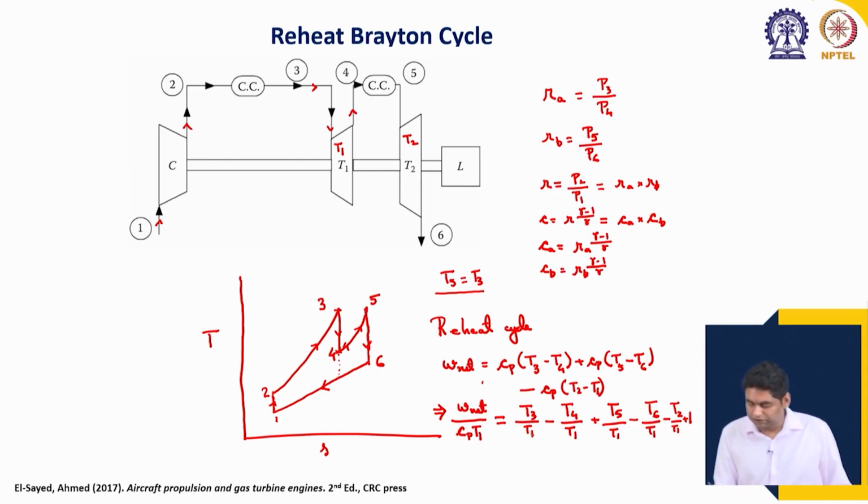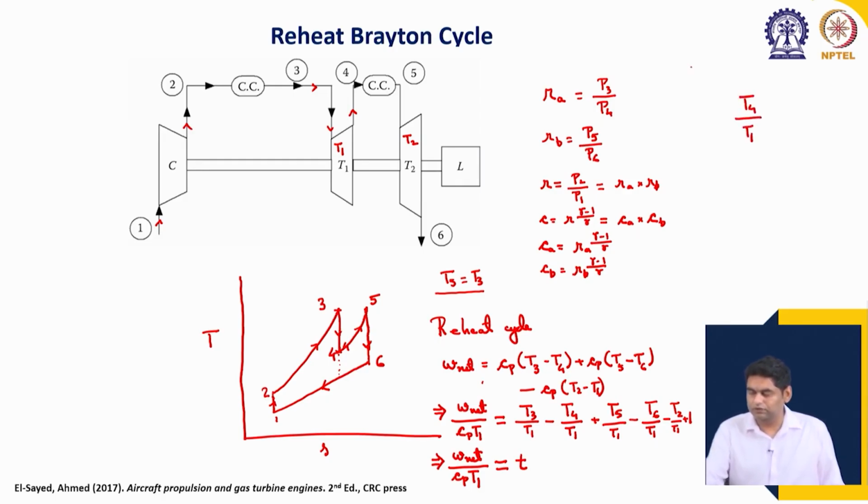So, we can simplify this further in terms of our known notations. We should go to the next slide probably. T 3 by T 1 is equal to what? T 3 by T 1 is equal to the temperature ratio T, small t. What about T 4 by T 1?